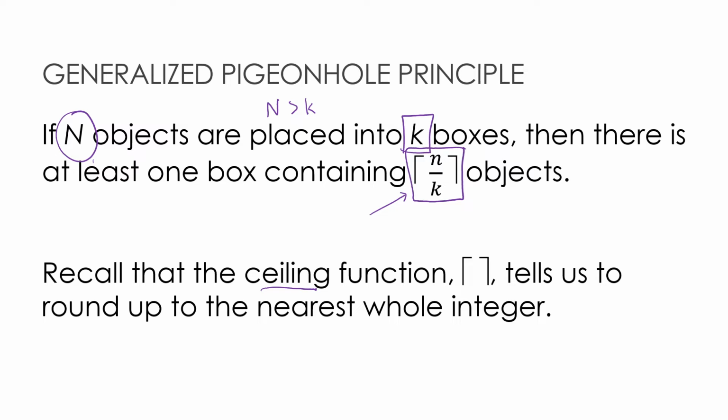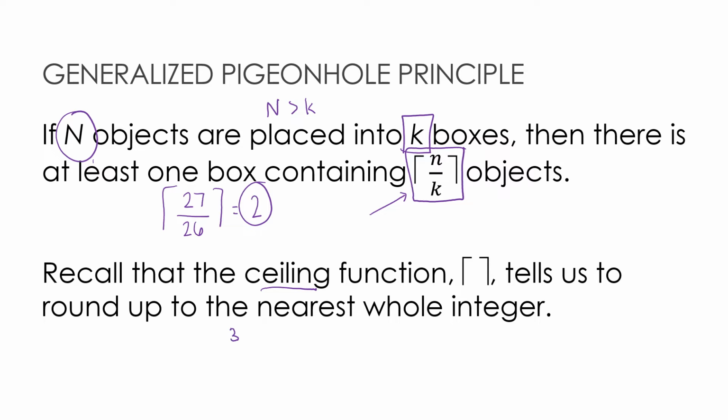So for instance, I had 27 English words divided by 26 letters in the English alphabet. This number is a little bit greater than 1, and this ceiling function says round that to 2. So we know that at least one box contains 2 objects.